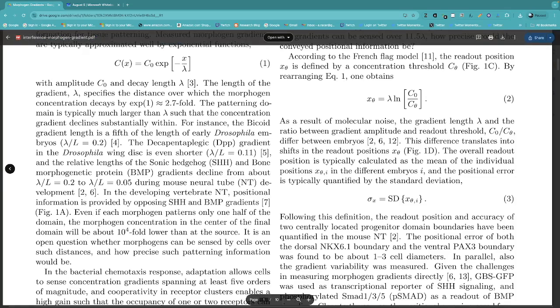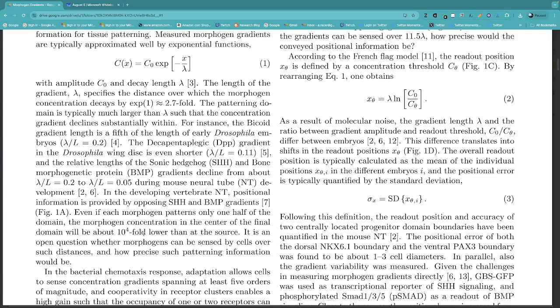Even if each morphogen pattern is only one half of the domain, the morphogen concentration at the center of the final domain will be about 10 to the fourth fold lower than at the source. So again, we're talking about sort of the tails of this gradient, where it's actually quite a bit lower than the source.